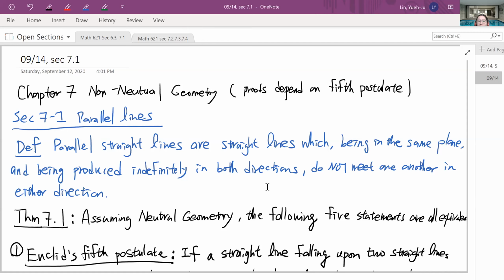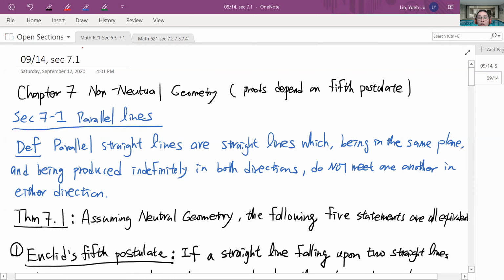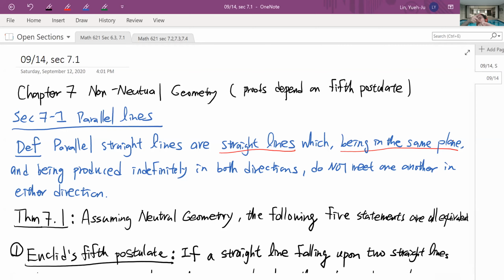So before we can talk about parallel lines, let me remind you of the definition. Parallel lines, or parallel straight lines, are straight lines which, and here we want to emphasize they're on the same plane, because if they're in space, then you will have 3 different cases. So we restrict ourselves to everything on the same plane.